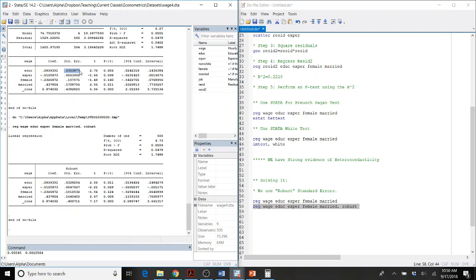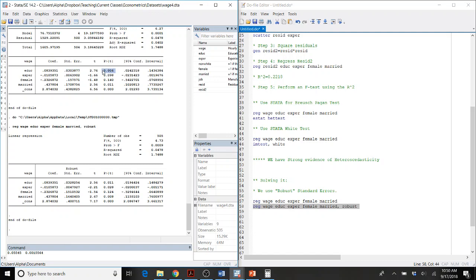All right? That's what we see happening here in the education variable. Here's the standard error, here's the biased standard error, and here's the robust standard error. The biased standard error is smaller than the robust standard error. Okay, that means that education with the conventional standard error is going to be more significant than it should be.